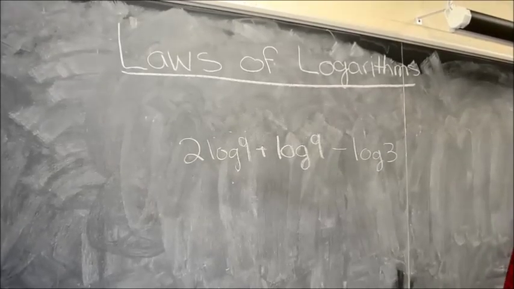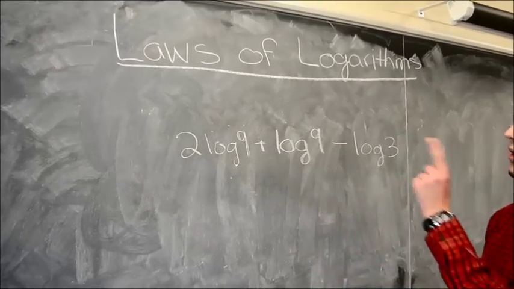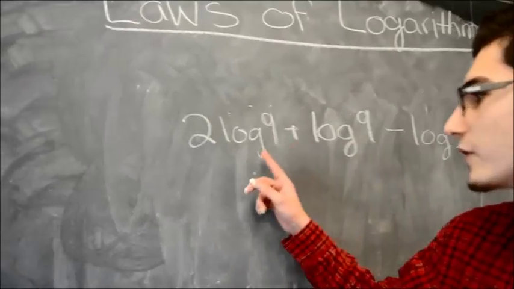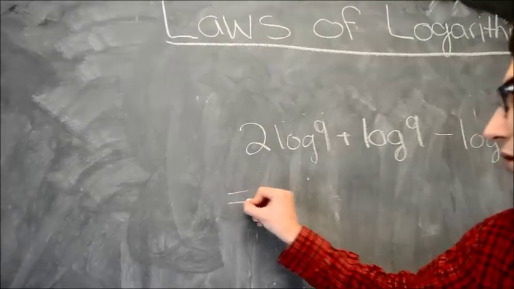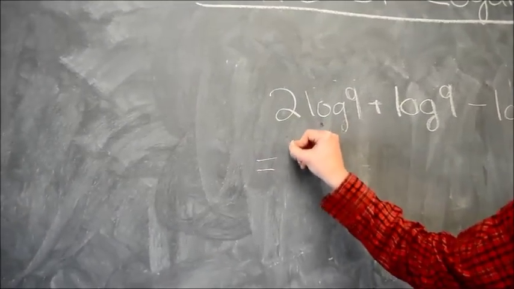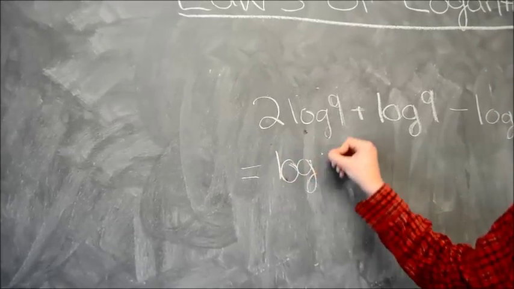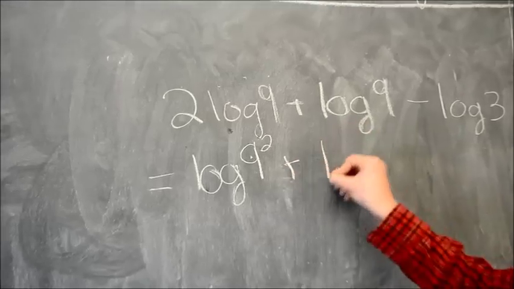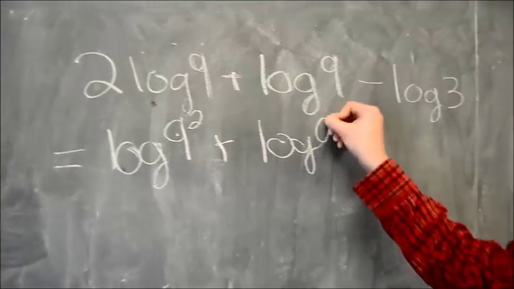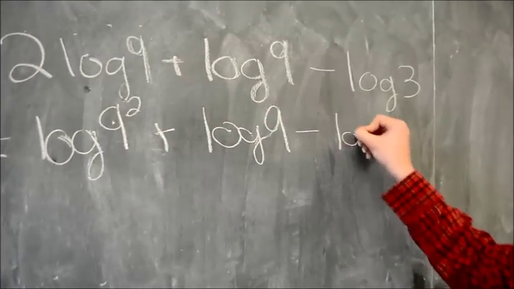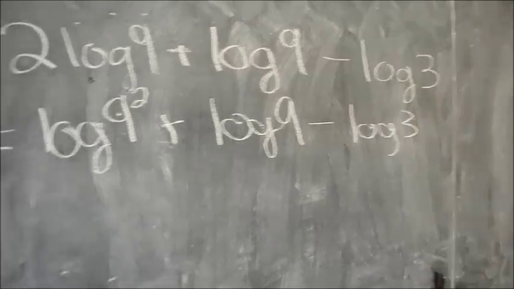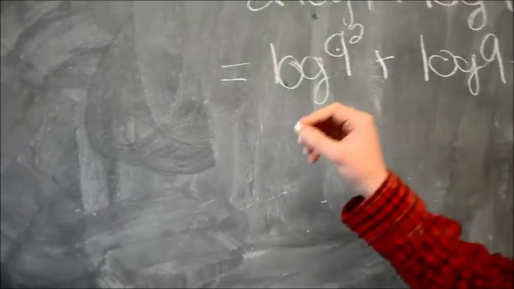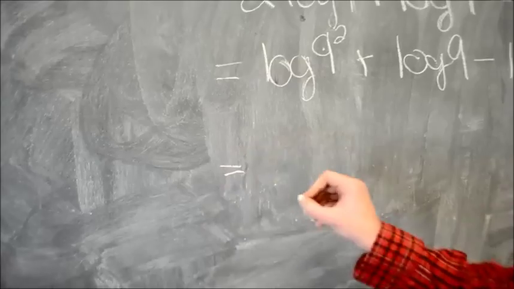Okay, now we're going to do a question based upon laws of logarithm. The first thing you would do is change this to log of 9 to the power of 2, and then just write the whole equation after. Next, you would use product law.